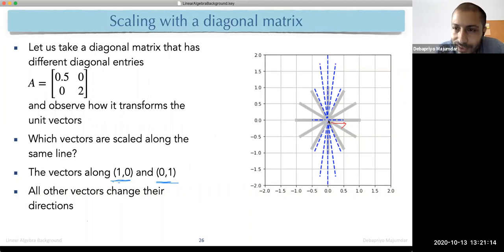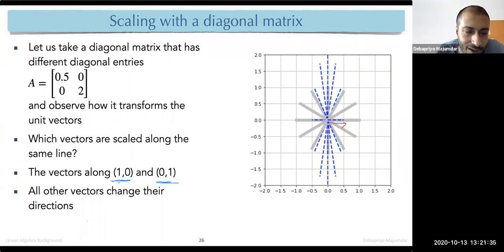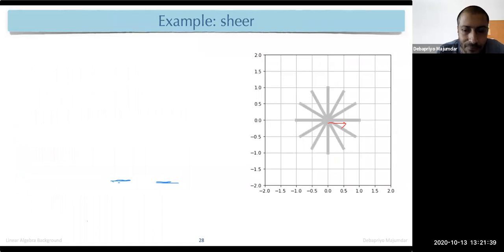It will scale every axis. Even in the three-dimensional case, it will just scale every axis by some factor. So the eigenvectors are just the basis vectors and the eigenvalues are just my diagonal entries. That is the trivial way to figure out eigenvalues and eigenvectors for diagonal matrices. Well, that's the easy part. Now, what is the not-so-easy part?